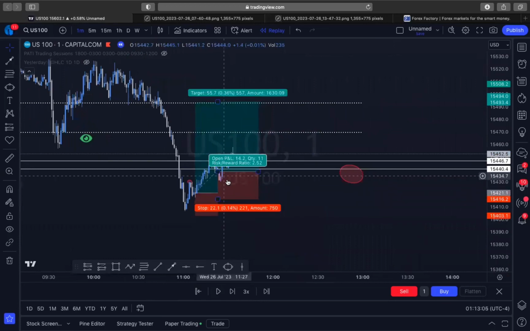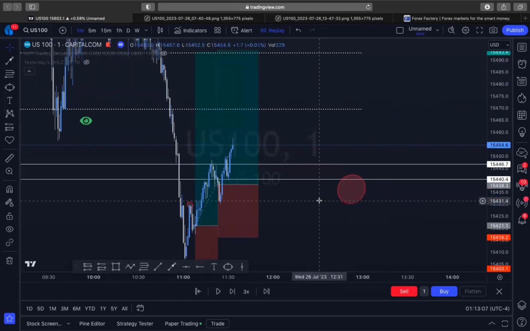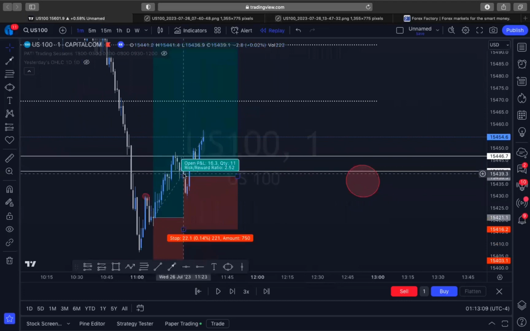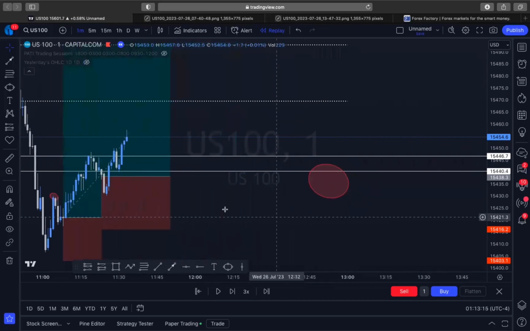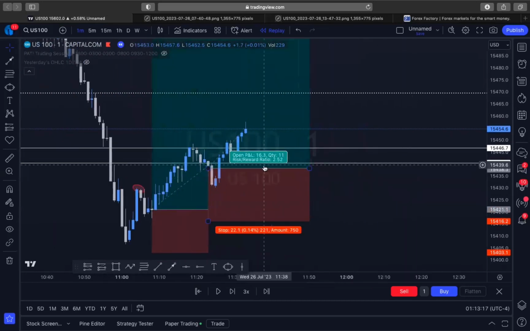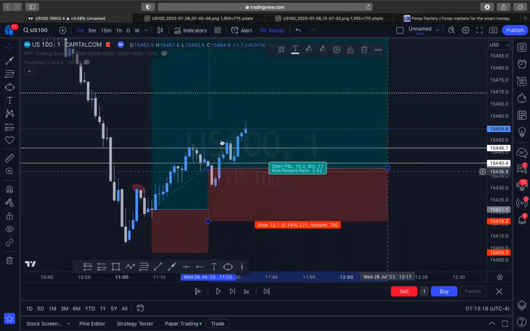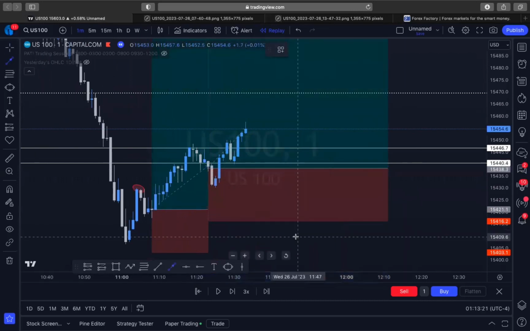And there we go. You see it kind of give another entry there. It creates a low, it swings up, it creates a new high here. Let me go ahead and extend that so you guys can take a look at it. But this is essentially what I'm talking about.